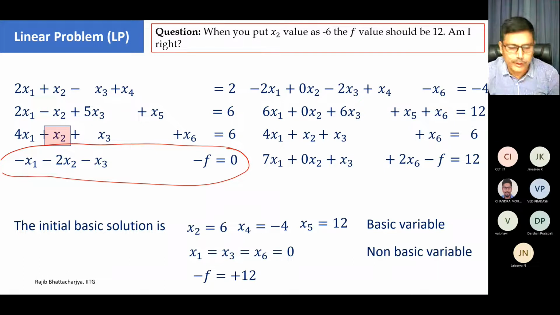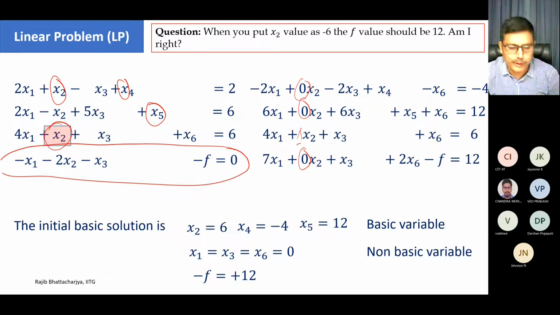Here I have considered x2, x4, and x5 as basic variables, and the other variables are non-basic variables. I'm considering this as a pivoting element. In that case, the coefficient of this particular variable will be 1, and for the others it will be 0 and 0.